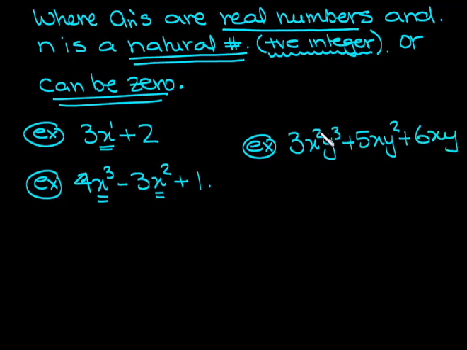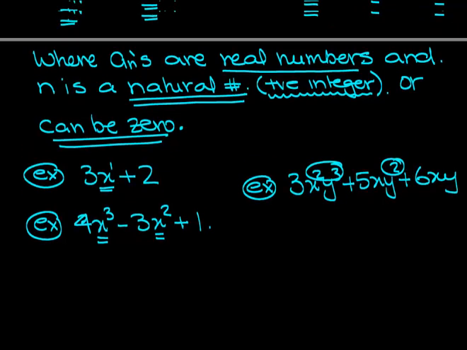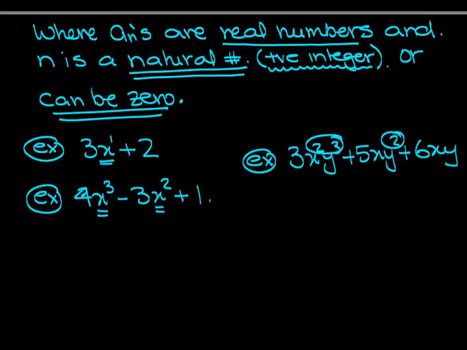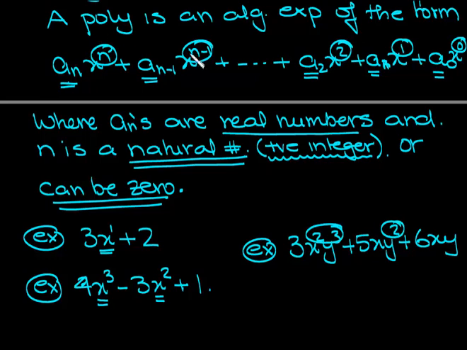Remember, the only requirement is the powers have to be positive integers, or 0. This is a polynomial because the highest power is n here. As you go down, the powers keep decreasing. The highest power is n, so we call that the degree of the polynomial. We say that's the nth degree polynomial, and we'll define all of that in a second.